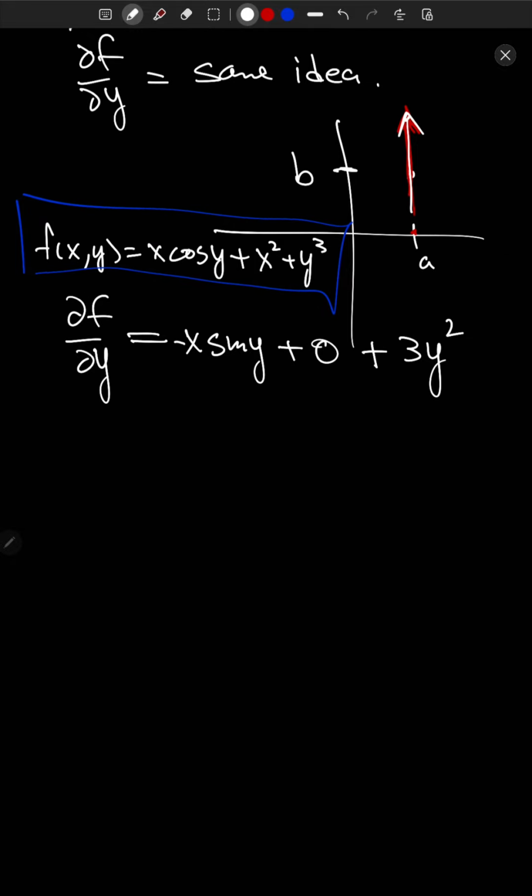Once you get used to this, it's super, super straightforward. Just think of whatever you're differentiating with respect to, and all your other variables, if there's 1, 2, 3, no matter how many, are to be thought of as constants. So df dy is minus x sine y plus 3y squared.